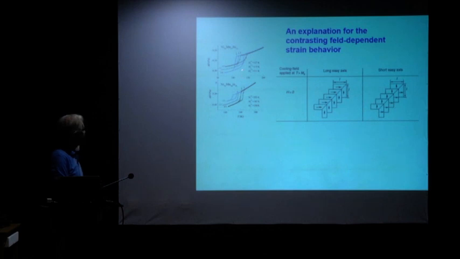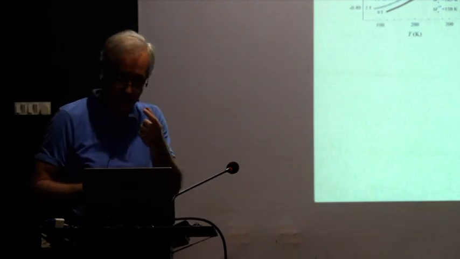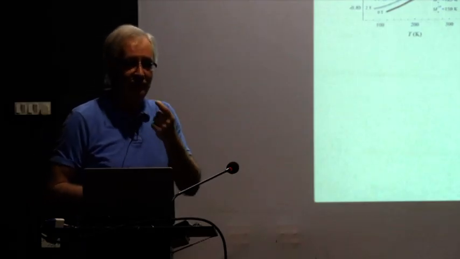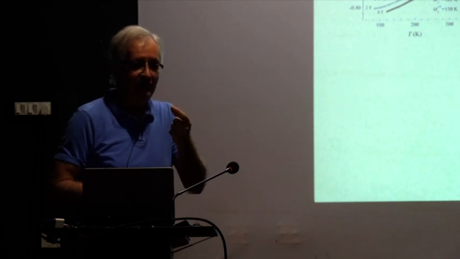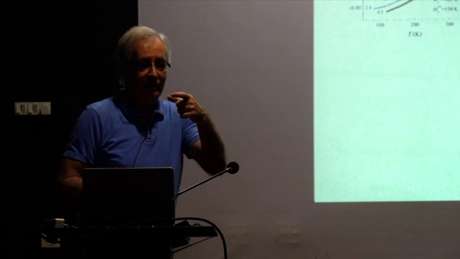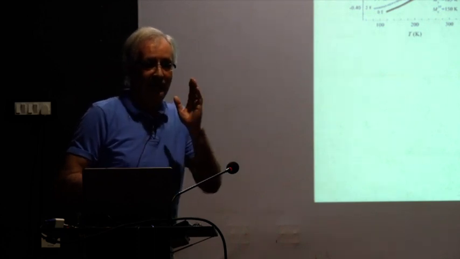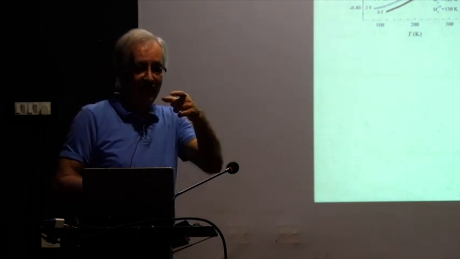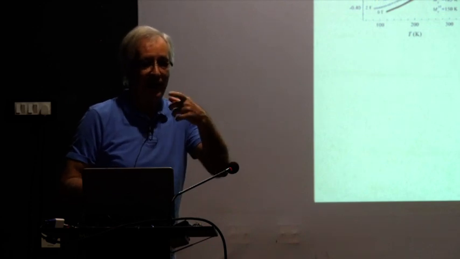When we go here, we find two opposing cases. So the change over here is small, and when we apply a magnetic field, the change gets larger. When the change gets larger, it means that we're making the sample, the easy axis of the magnetism, we have to make the sample smaller to have the change large.